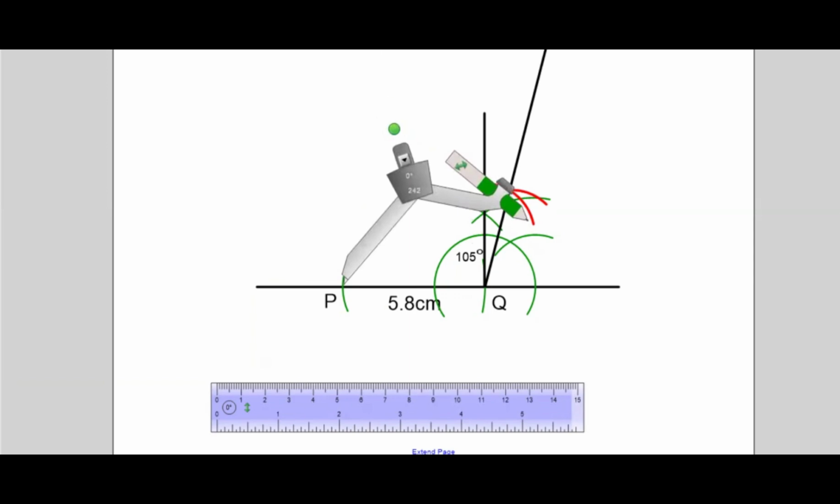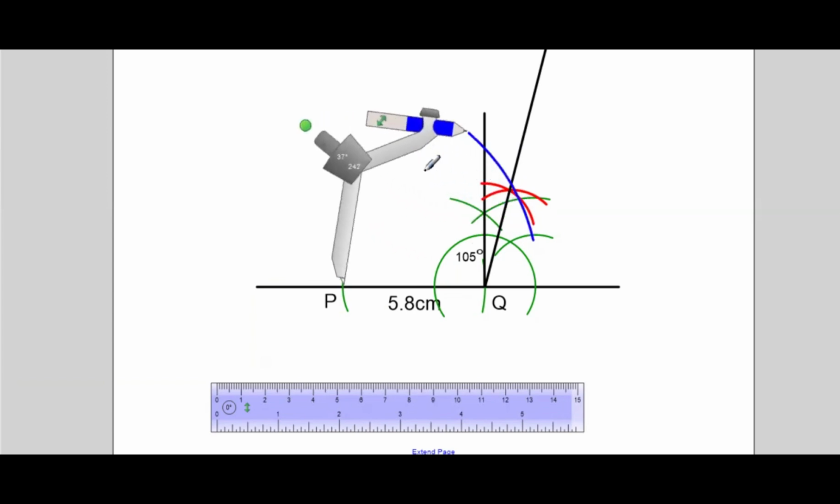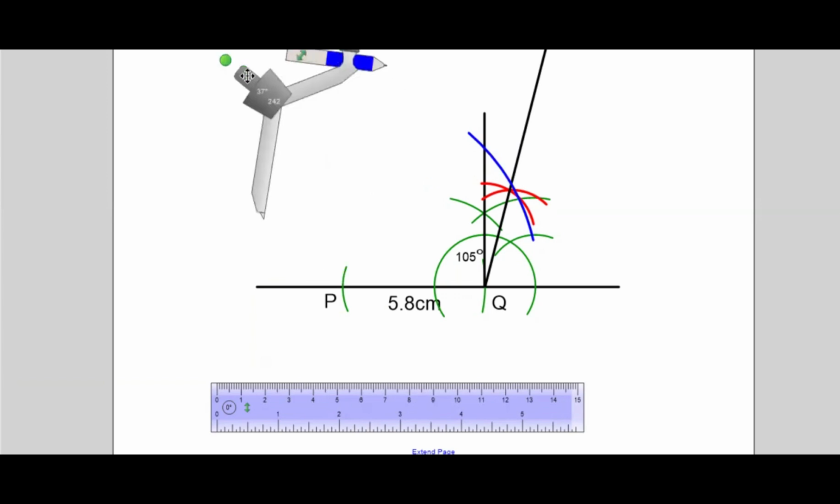Let me change the color so that the arc will not be the same. Mark off this. So this is point R here. R is at this place, where this blue arc and the black line intersect.